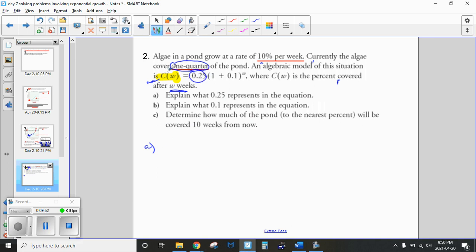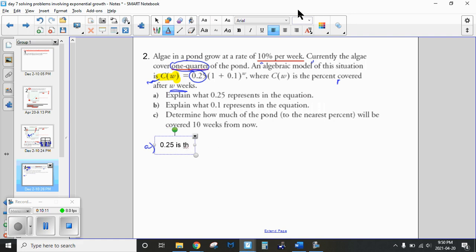And we can say, I'm going to type this, that 0.25 is the amount of 100% of the pond initially covered by algae.